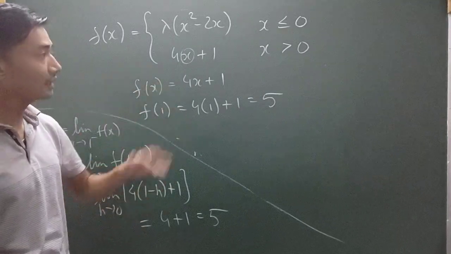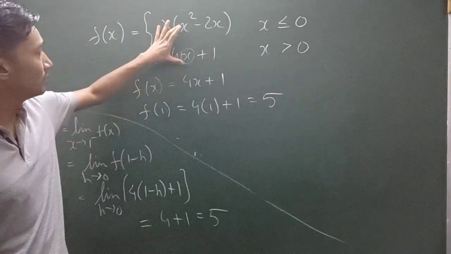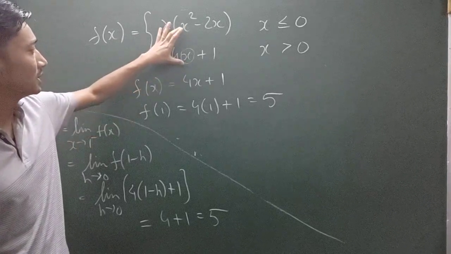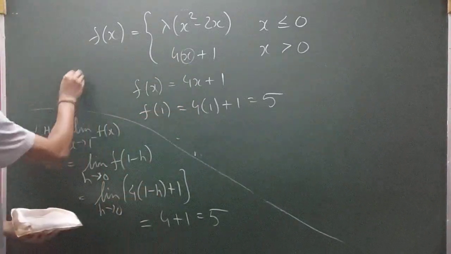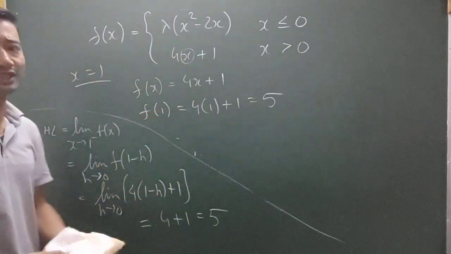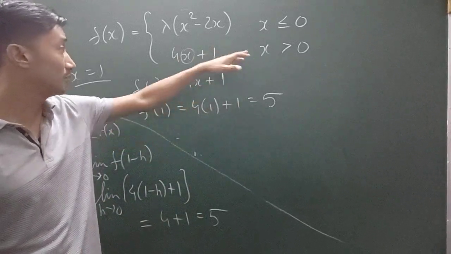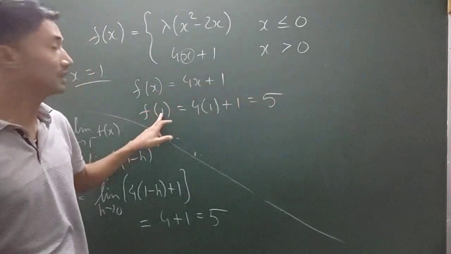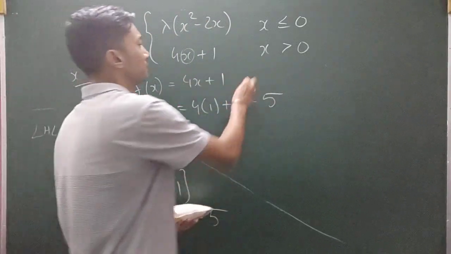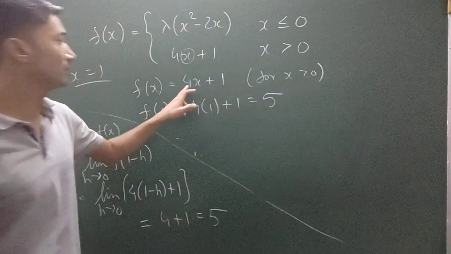Alright, now forget it, come back. f(x) is equal to, we have two values here, but what are we dealing with? We are dealing with the point x equal to 1, which is definitely greater than 0. It clearly says that for any value of x greater than 0, you will use this function. Now 1 is definitely greater than 0, so we use 4x + 1.